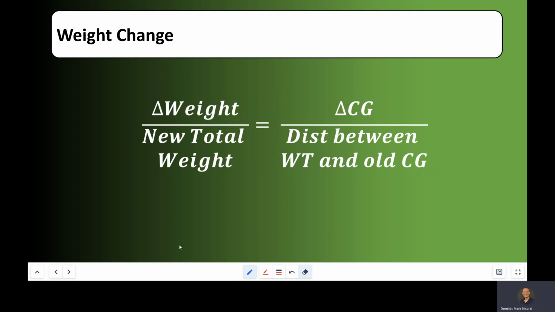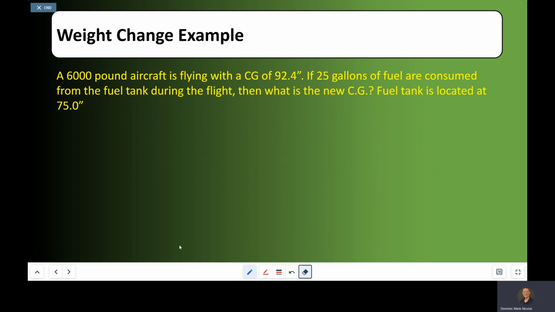So just applying this to an example, given a 6,000 pound aircraft flying with a center of gravity of 92.4, you have 25 gallons of fuel consumed from the tank during flight. What's the new center of gravity?